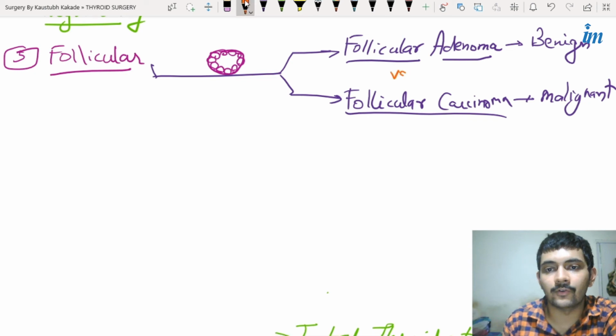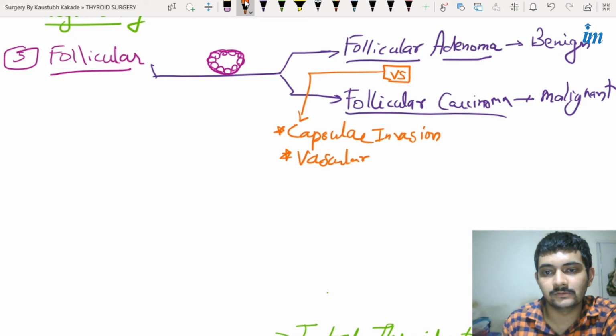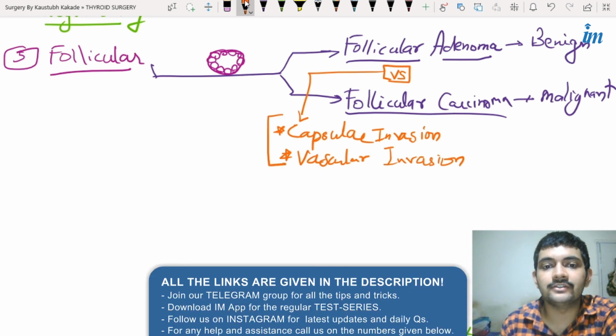The difference between these two lies in two important points. The first important point is capsular invasion, and the second important point is vascular invasion. So, how can you get these two?